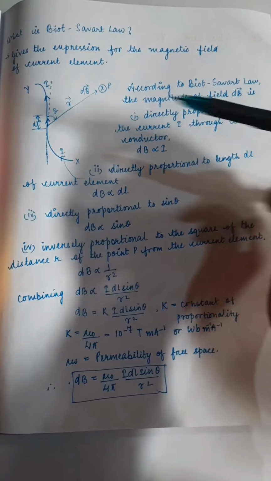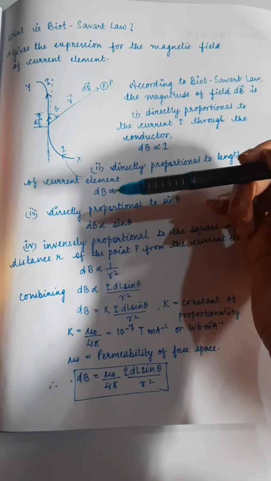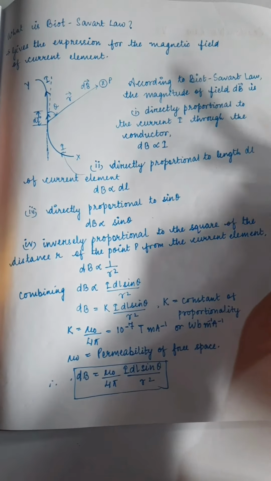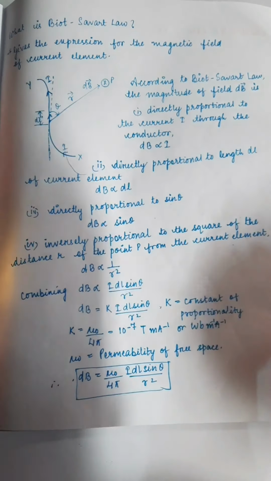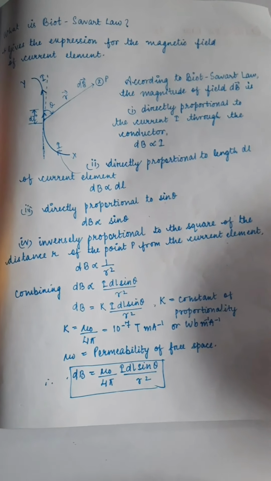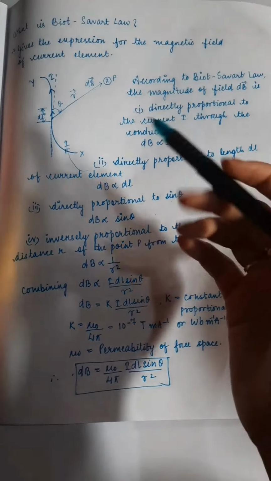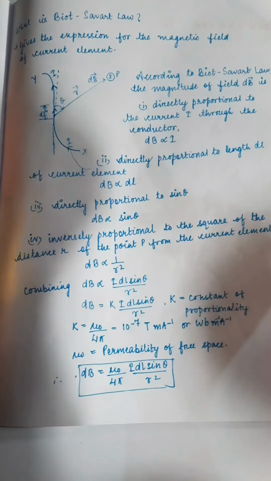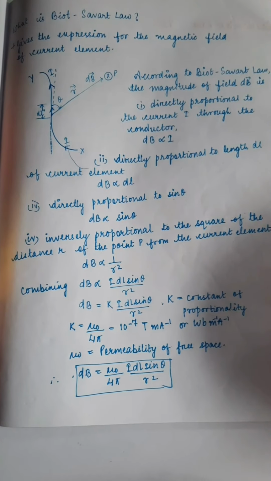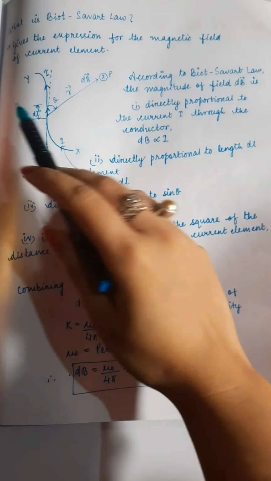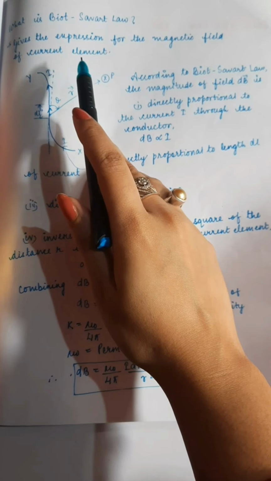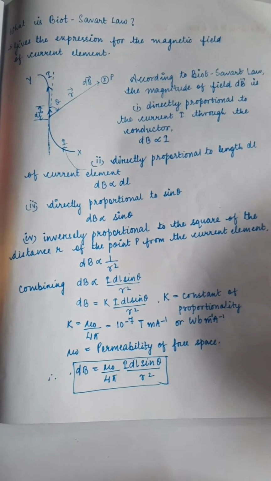As you can see, I've already made the diagram here. Let XY be a conductor and a current I is flowing through it. When I say current I is flowing through this particular conductor, let us recall the formula for current, which gives us that I is equal to Q by T, where Q is the charge.